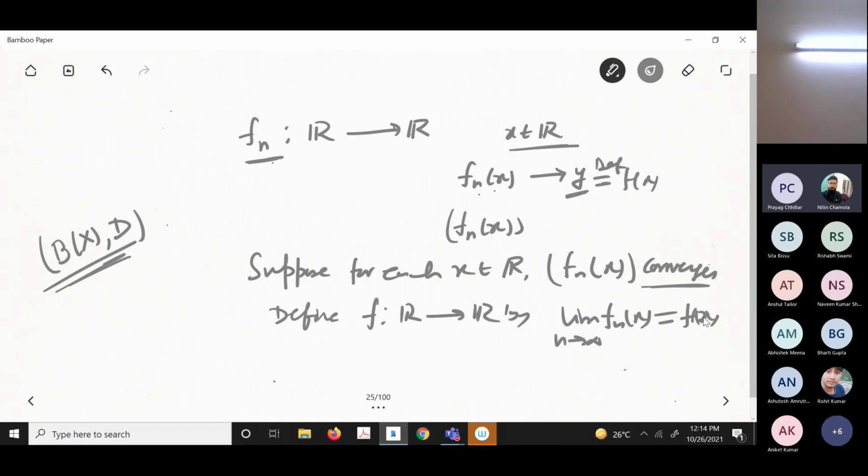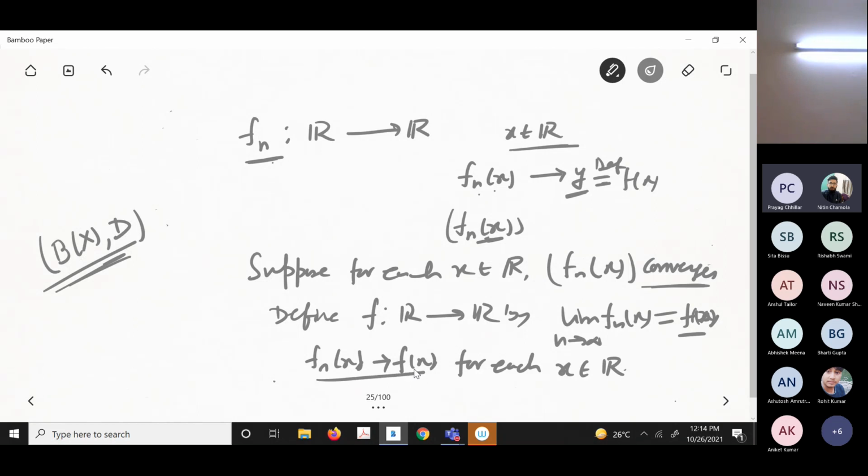And since the sequence depends on the point x, given a sequence of functions you get a sequence of real numbers. Now suppose it converges, then I can define a new function y equal to f(x). That means in this case I can write fn(x) goes to f(x) for each x.